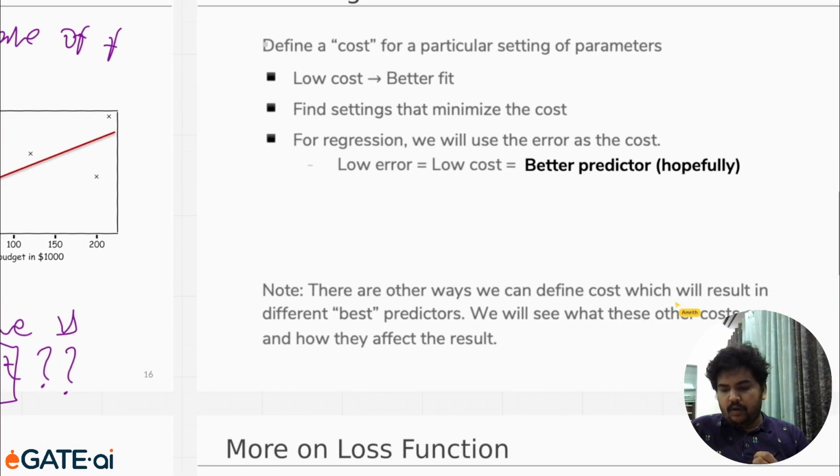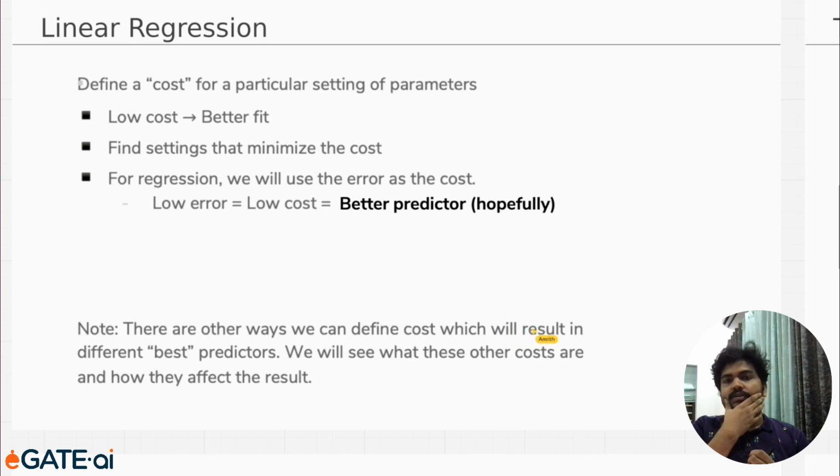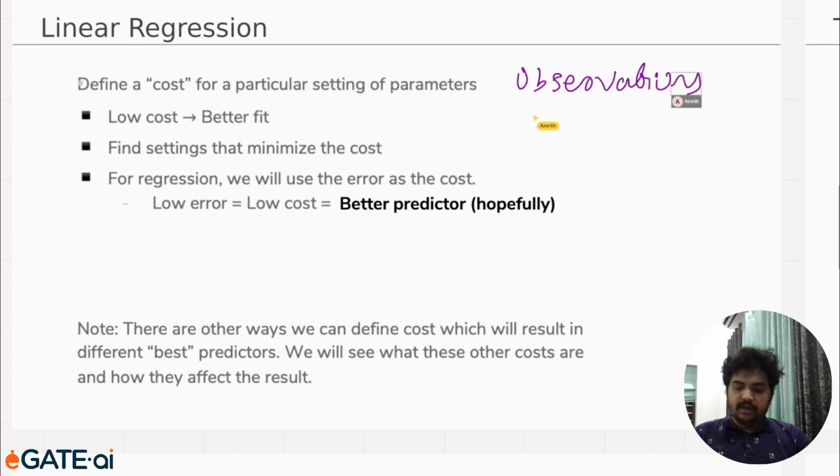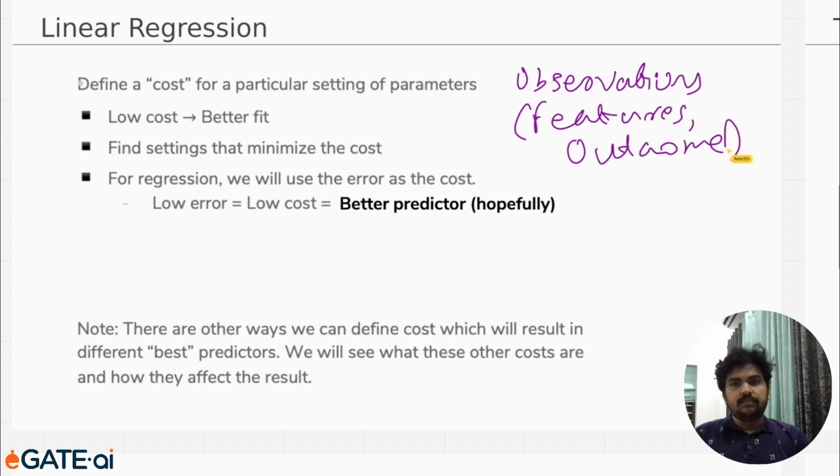So one way to get an estimate of this is as follows. We already have some observations, right? In this case, we said that we have around 200 observations for which we know the features and the outcome.